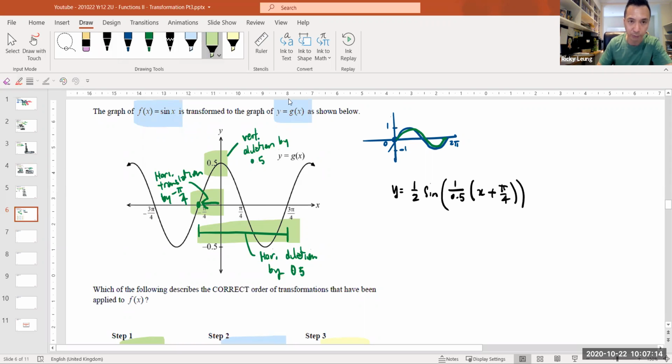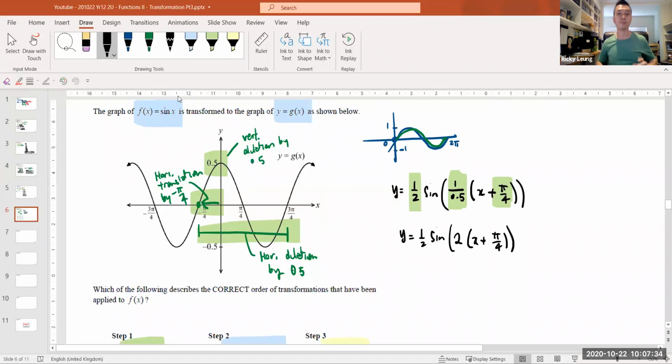So that guy is vertically dilating, that guy is horizontally dilating, and that guy is horizontally translating. In terms of a simplified formula, it's 1/2 sine 2x plus pi on 4.